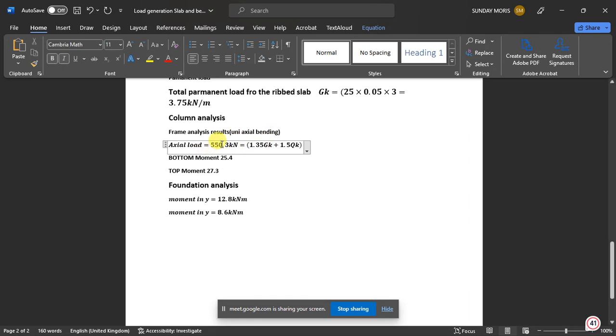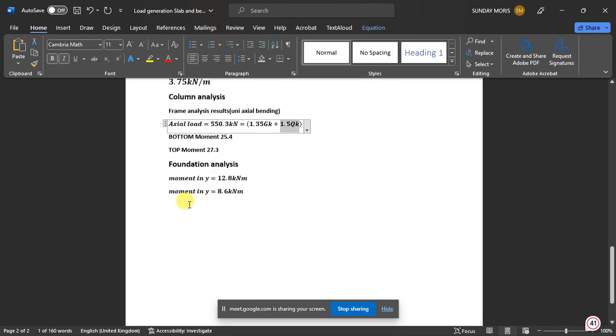You have to calculate the UDL alone and factored from the slab to the base. Same applies to the permanent load. But in most cases, they assume that 60% is this and 40% is this. So is it possible to get GK and QK from here? Yes, I can try to find a way of getting GK and QK from here.